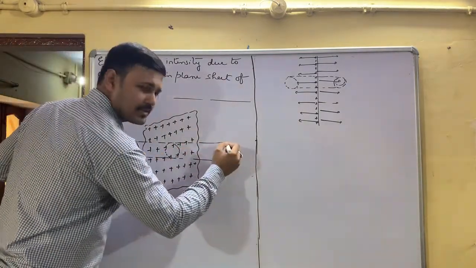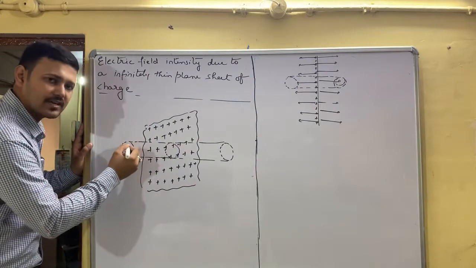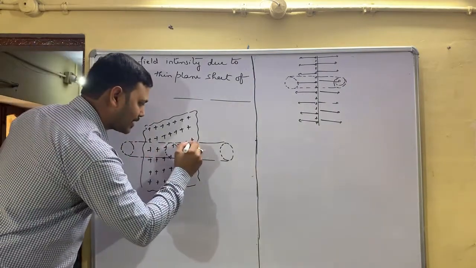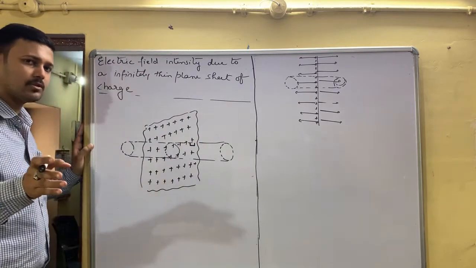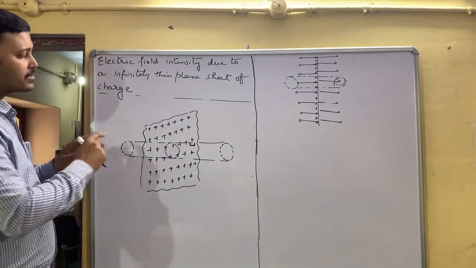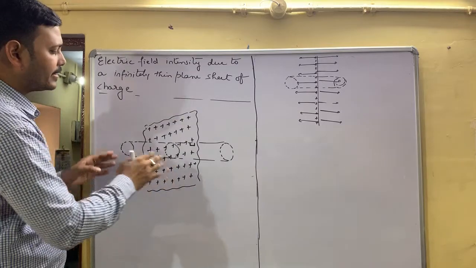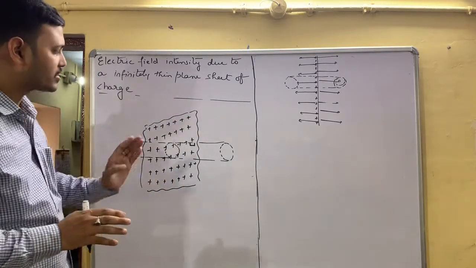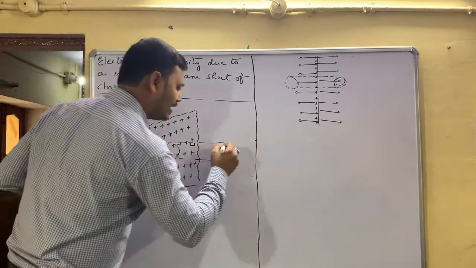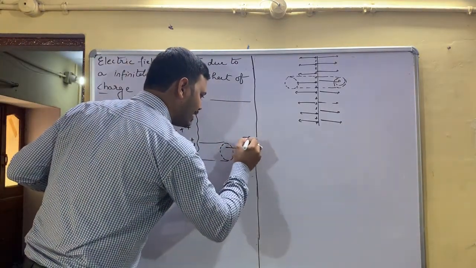Now, this is the diagram we are having. So this is a plane surface, again you can see, and this is the third surface we are having on the cylinder. In the previous diagram also we have seen this. Now since the charges are distributed uniformly on the sheet, the electric field lines are radially outward.